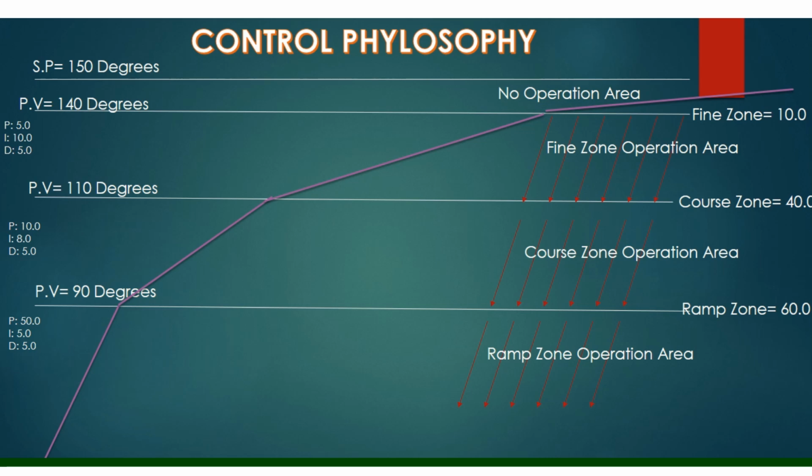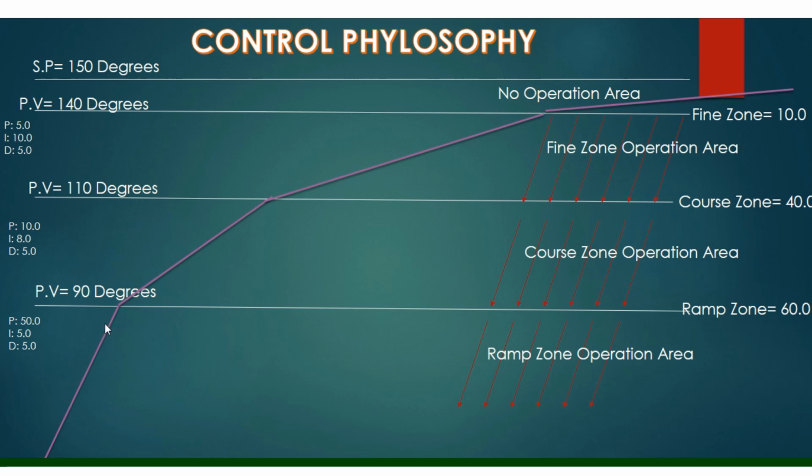In this case, if I define my ramp zone as 60 degrees, the ramp zone values of P, I and D will be applied above the ramp zone temperature, as the temperature increases per the varying CV percentage.